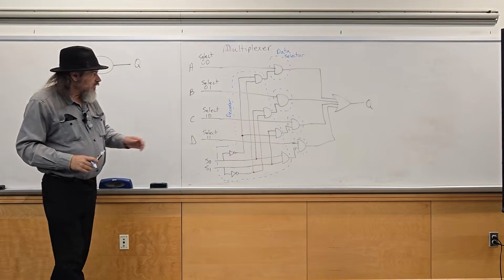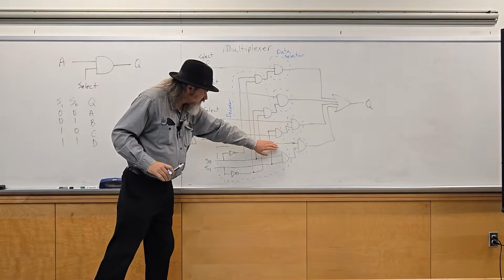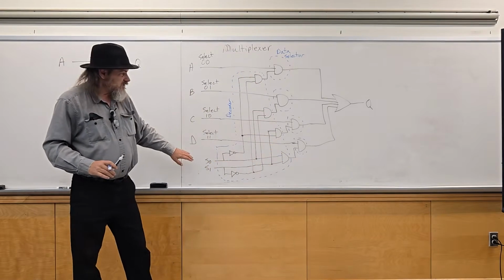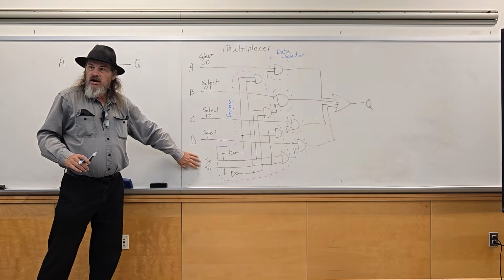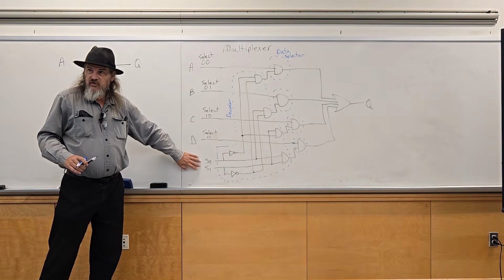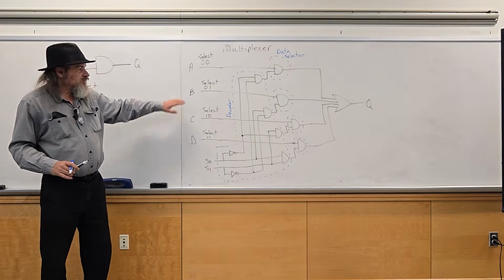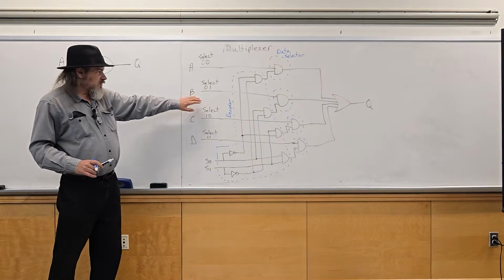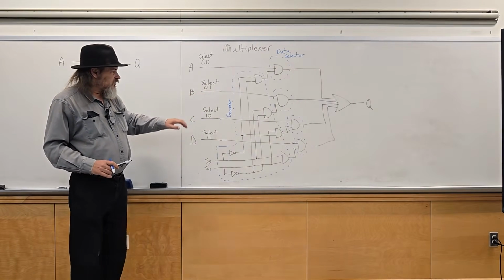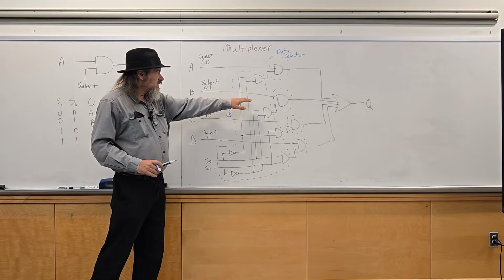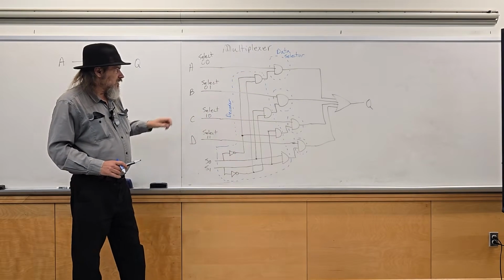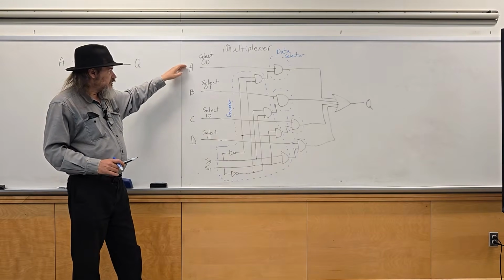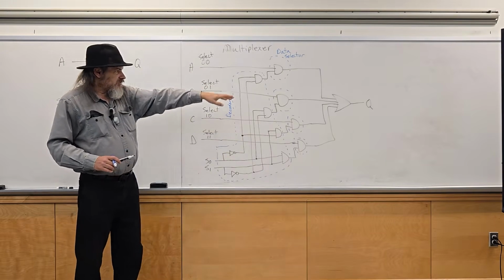What's surrounded by this dotted line here is a decoder. It decodes the selection inputs into one of 4 outputs, which are then used to select which input is active on the output.